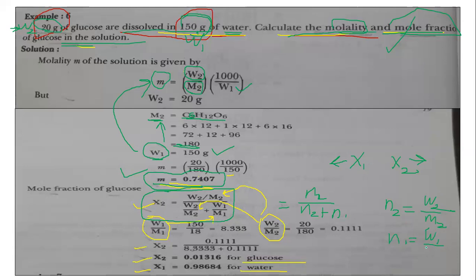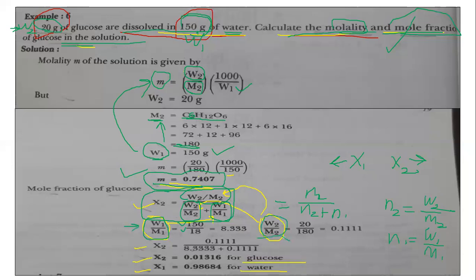Put the values, m1, and find out. You will get here w2 upon m2 upon w2 upon m2 plus w1 upon m1. So what is the ratio? w1 upon m1 is 150 upon 18. This is water. And here it is w2 upon m2.